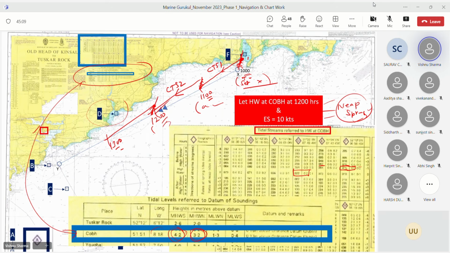You will set CTS 2, then CTS 3, and that is how you'll keep counteracting the changing current. So the question primarily differs in the sense that instead of the same current throughout, now the current is changing in direction and magnitude every hour. That's the only change with tidal stream which has to be kept in mind.